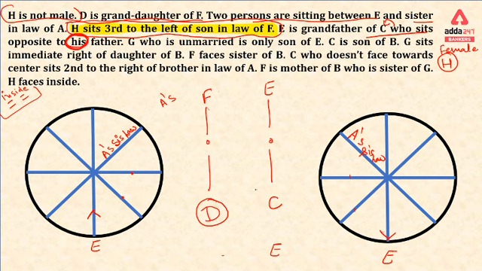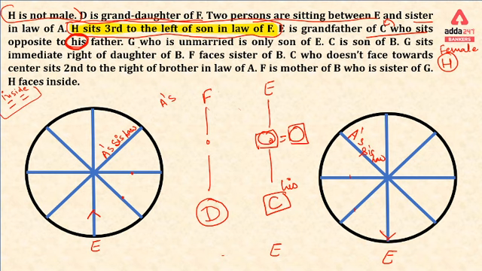So C is a male and has a father also. Maybe the father is here, maybe here. We are not confirmed whether C's father is a son or daughter of E, or son-in-law or daughter-in-law of E, so we make the diagram like this.